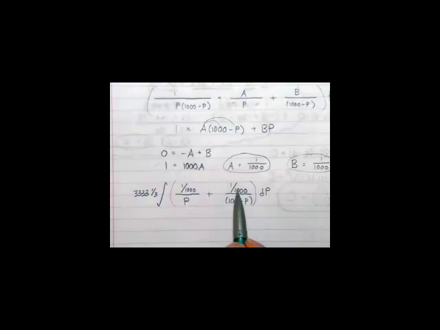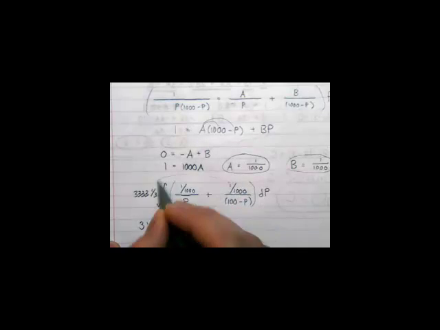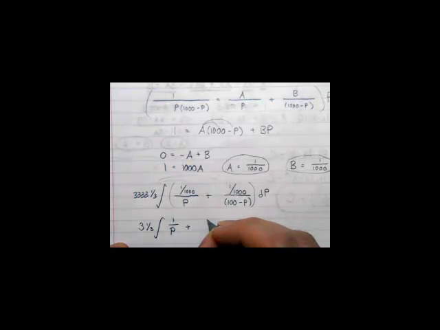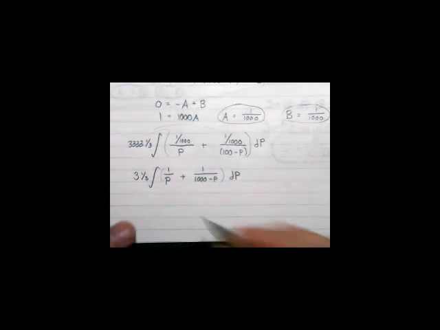Same thing here and here, so I could take that and pull it out front too, right? So if I multiply 3,333 and a third by 1,000, that's 3 and a third. So that's what I'm going to do right here. I'm just going to take these guys and factor them out. So it's 3 and a third, 1 over p plus 1 over 1,000 minus p dp. And now I can do this pretty easily with my natural logs again.